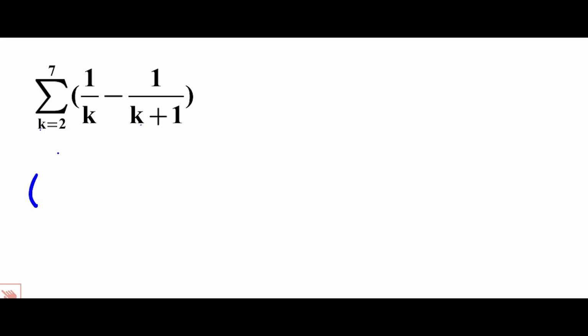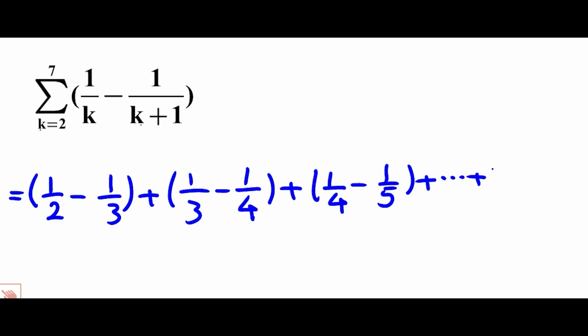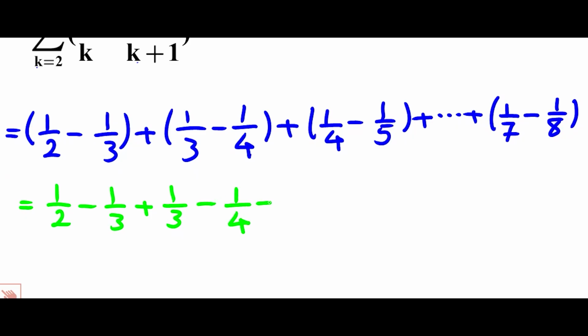When k equals 2, we have 1 over 2 minus 1 over 3, plus, when k equals 3, we have 1 over 3 minus 1 over 4, plus 1 over 4 minus 1 over 5, plus, when k equals 7, we have 1 over 7 minus 1 over 8, right?